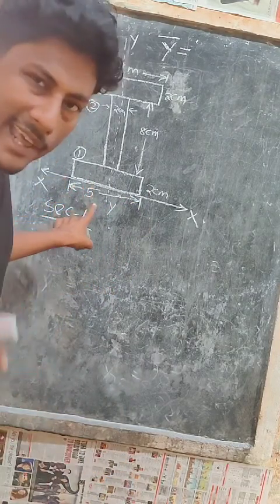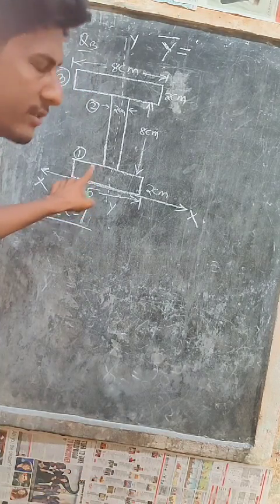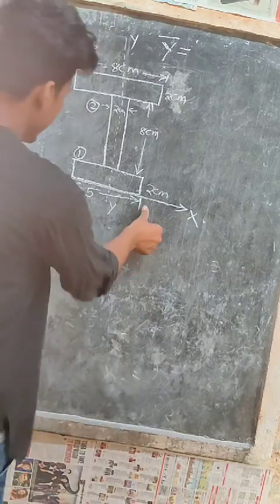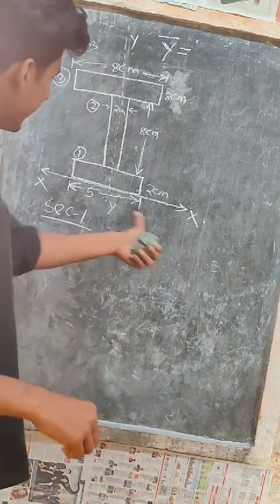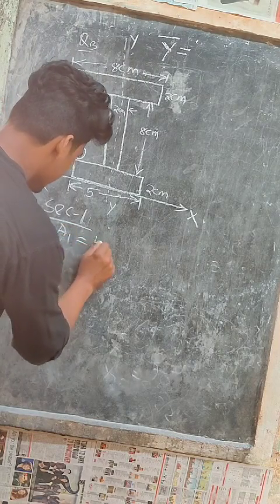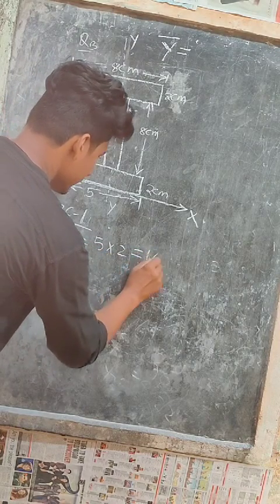So the area of this rectangular section 1 is 5 into 2, because length into width, length into depth. I think area 1 is equal to 5 into 2 equal to 10 centimeter.